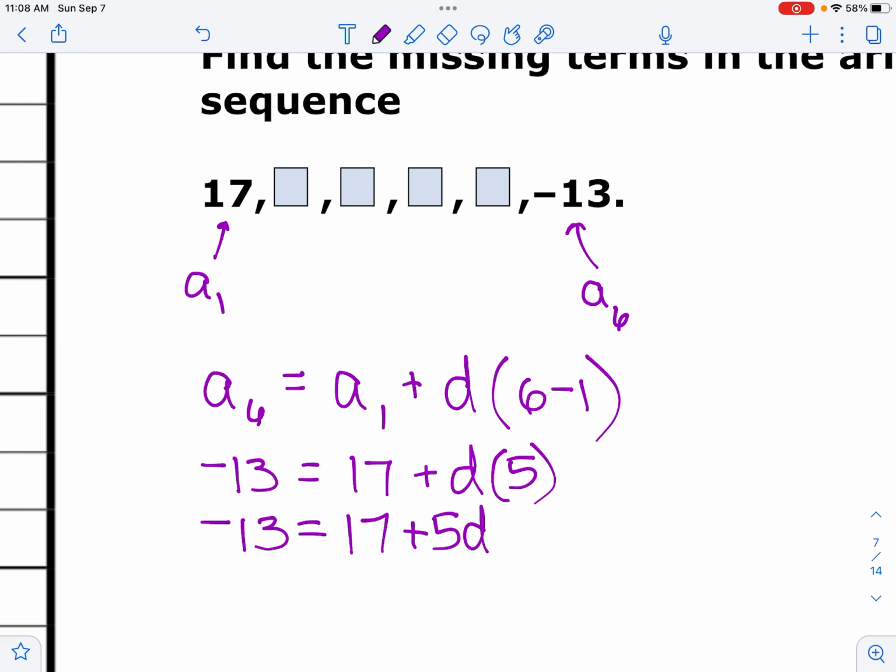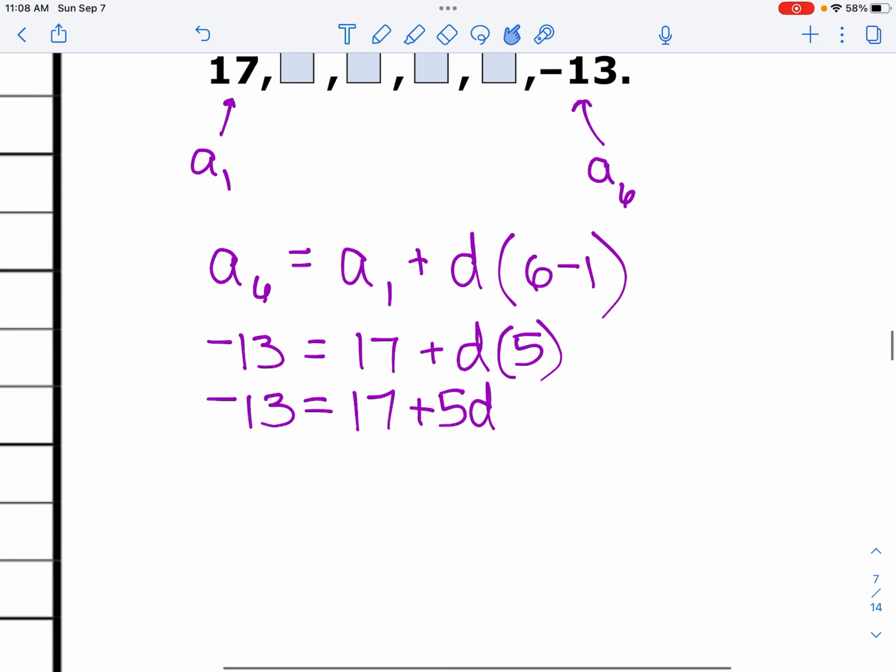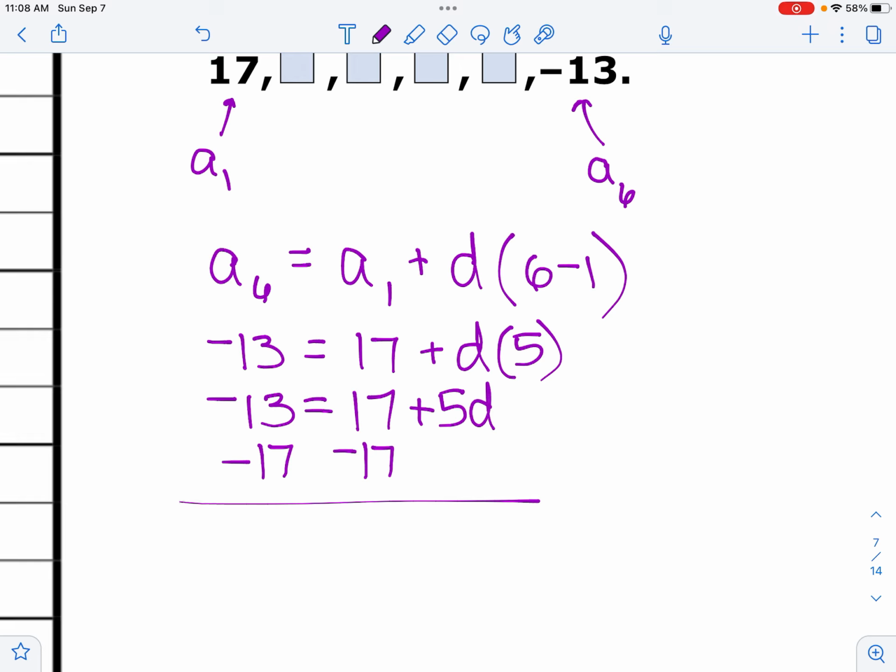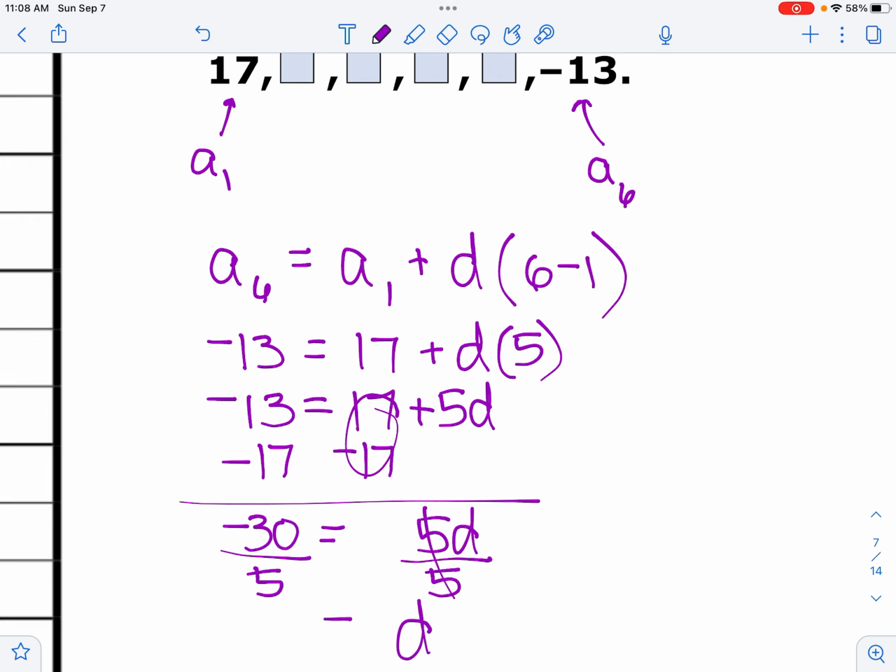And now we can just solve this two-step equation. So subtract 17. I get negative 30 equals 5d. And then I'm going to divide by 5 to solve for d. So d equals negative 6.